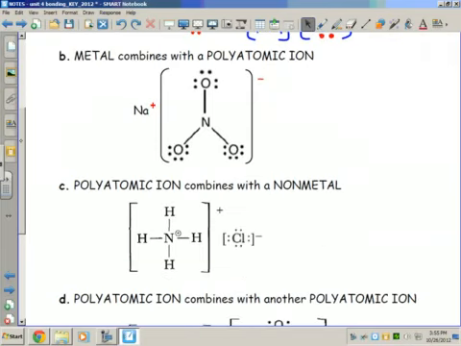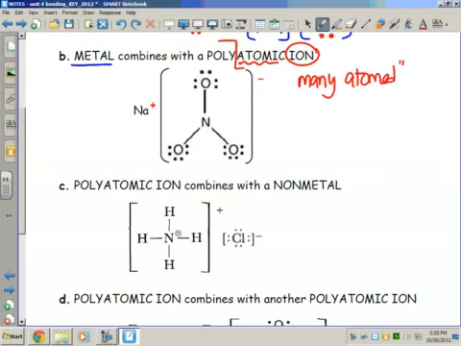The second scenario is when a metal combines with a polyatomic ion. Brand new word. Now, polyatomic ion we can break up into poly, which means many, atomic, atoms, and then ion. So what you end up with is a many-atomed ion.